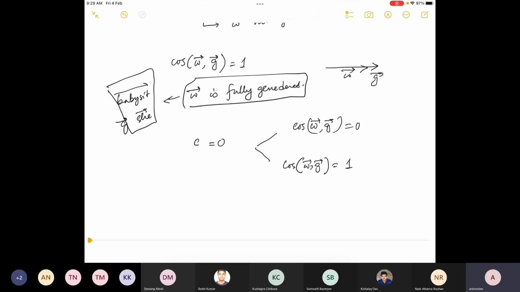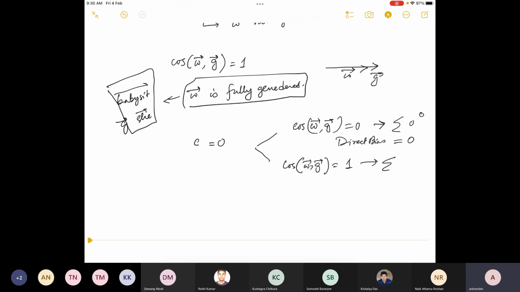So if C is 0, what would this lead to? So direct bias is 0.